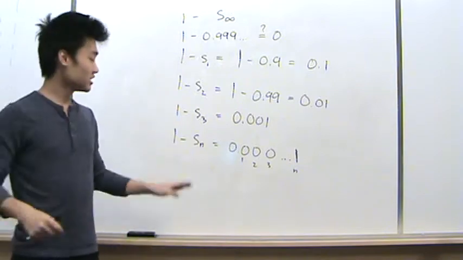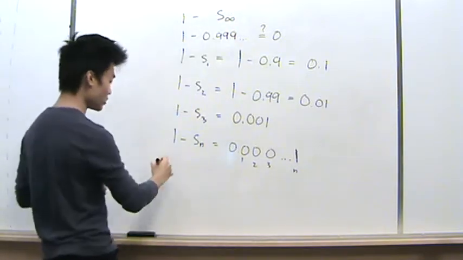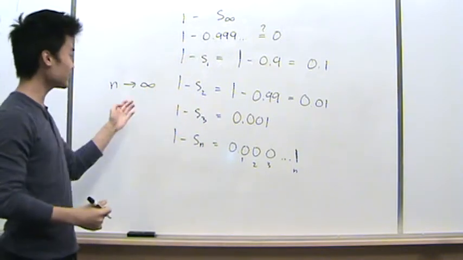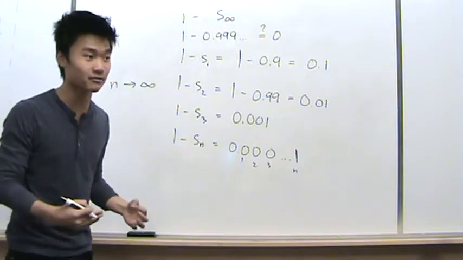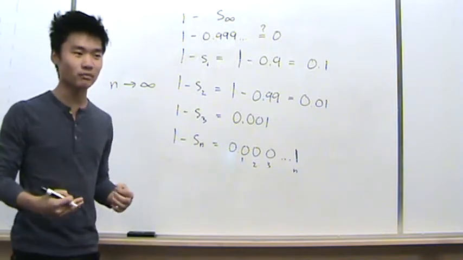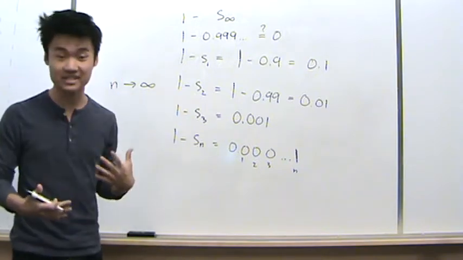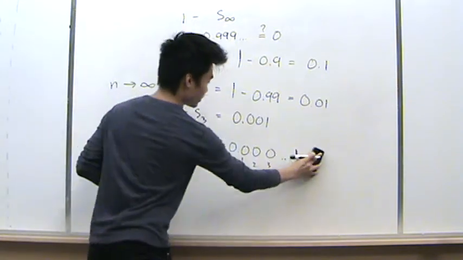Now we're saying, as when we want to find out what happens with S infinity, let n go to infinity. Let this number shrink down by a factor of 10 infinitely many times. Well, what happens to a number if it keeps shrinking by the same factor infinitely many times?